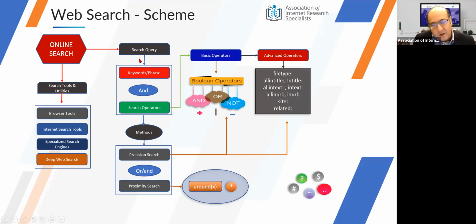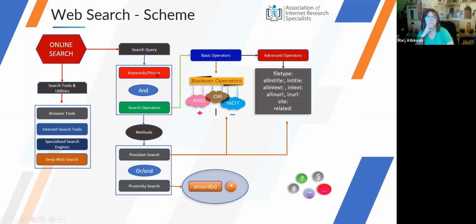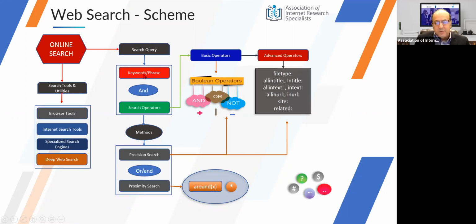So on the search query side, which is where we are learning how to do more precision search, we have divided our course into portions. First we start with keyword search phrases and search operators, like an introduction to search operators.